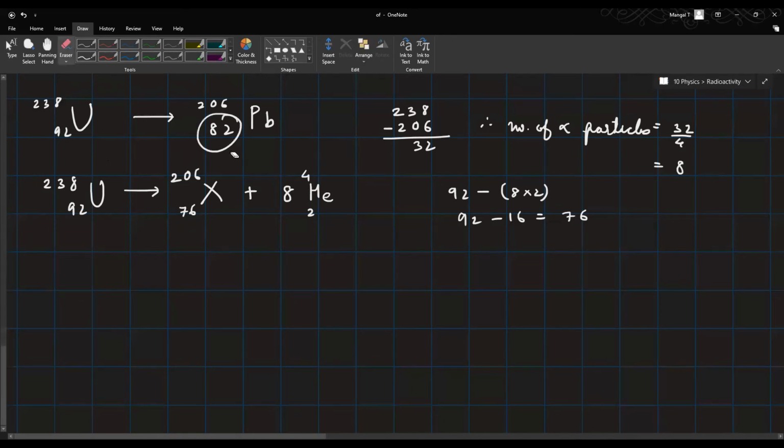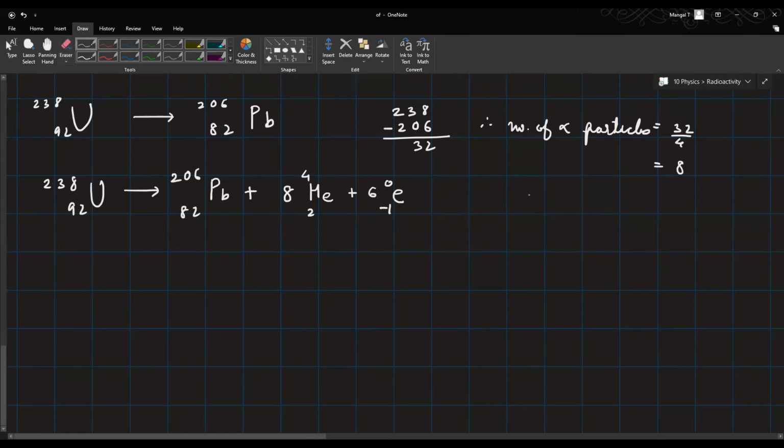But we need 82. You know that when one beta particle is given out, this will become 77. When two are given out, that will become 78. So if you want 76 to become 82, that means 6 should be given out, and this will be lead.